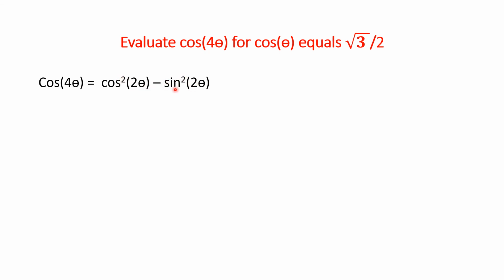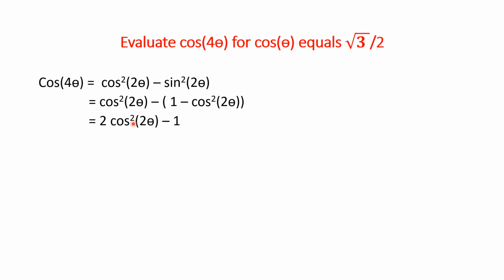We use the identity sine squared 2 theta equals 1 minus cosine squared 2 theta. Now we can add these values together, and we get 2 cosine squared 2 theta minus 1.